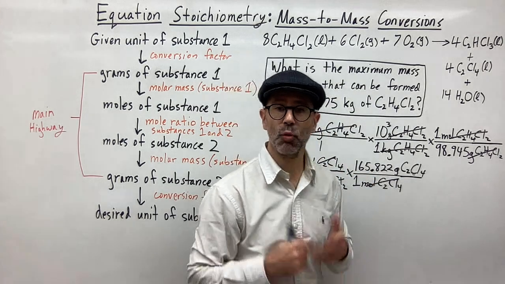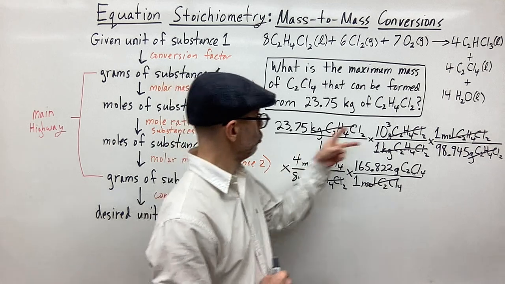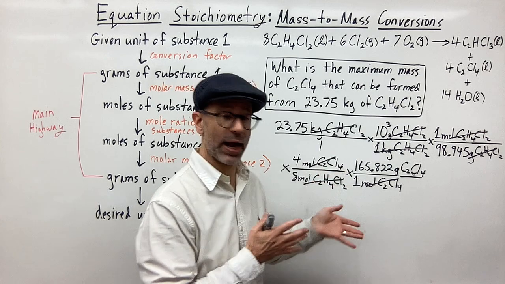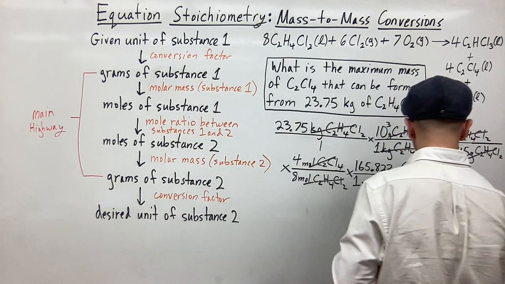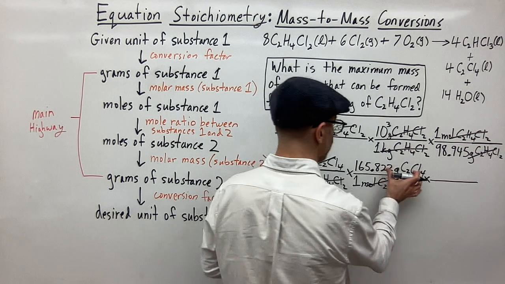And now I have one more conversion. I got to go from grams to kilograms. I'm going to use the same conversion here, except I'm going to flip it because I got to go from grams to kilograms. So I have grams on top.